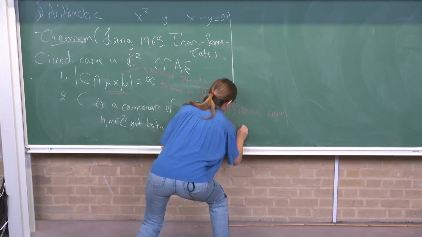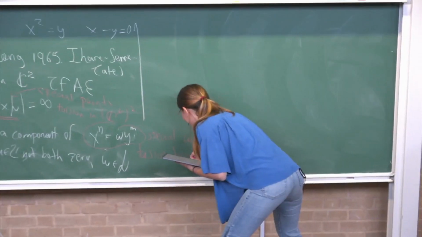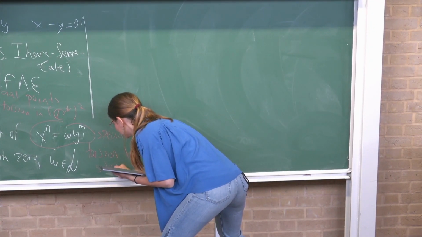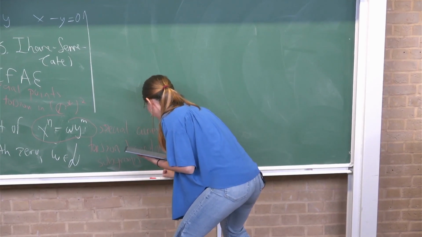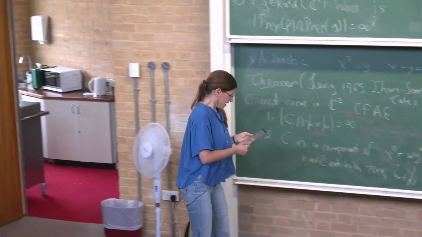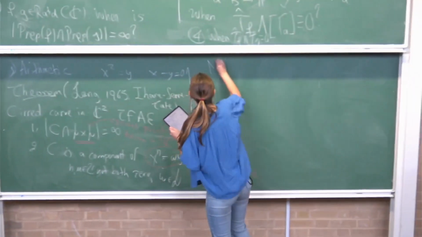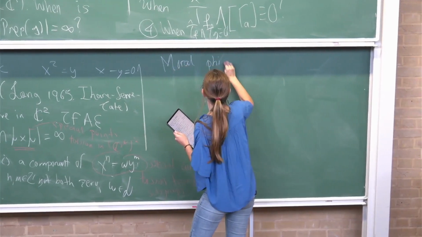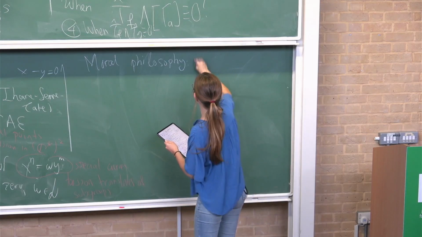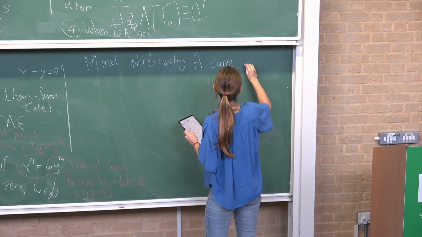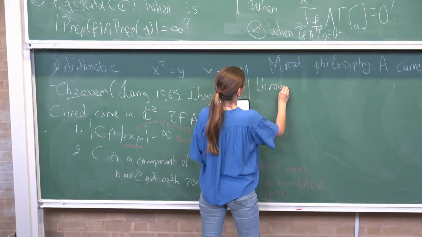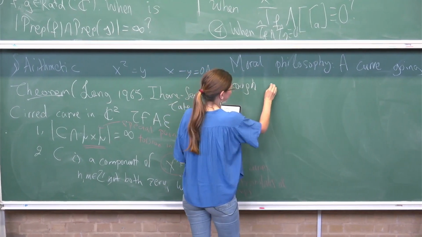I'll say torsion translates of subgroups. So the moral philosophy that we'll keep in mind is: if a curve goes through infinitely many special points, then it's special.